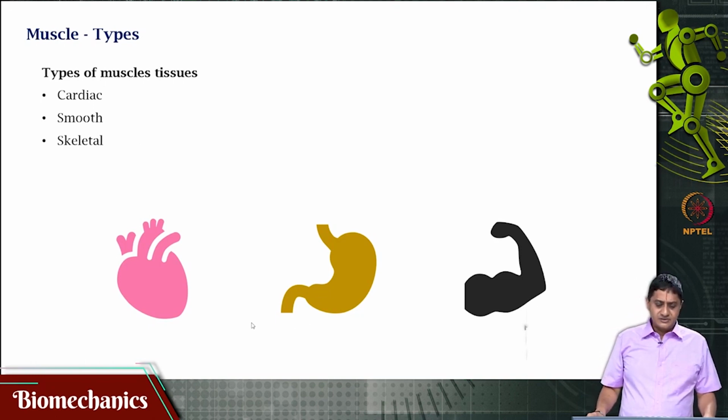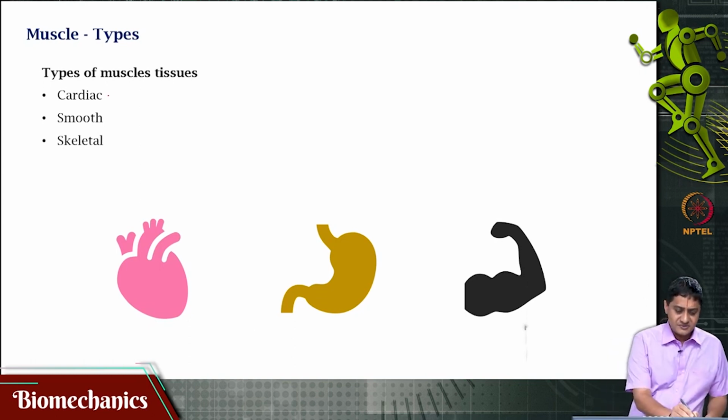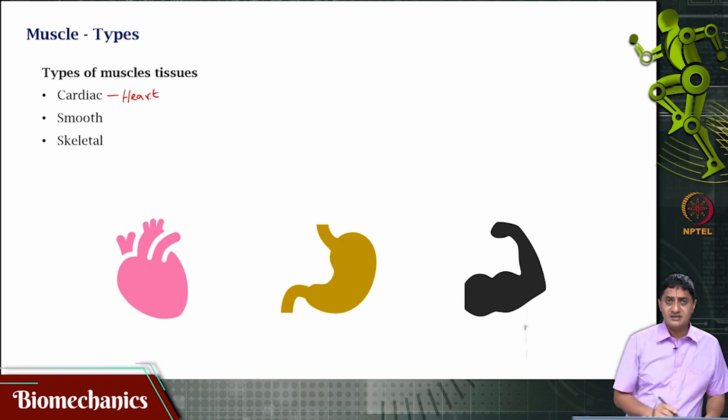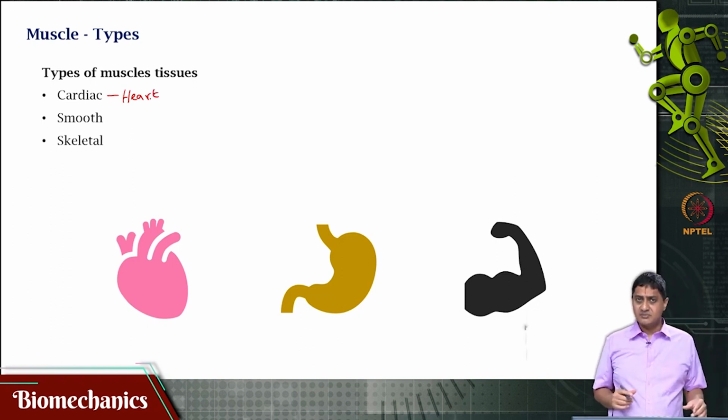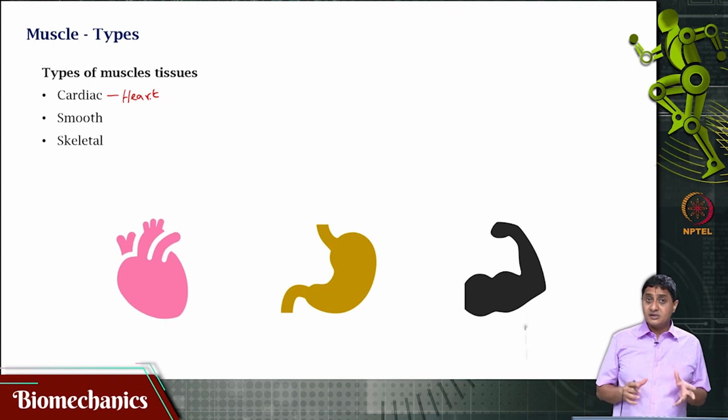Right. So, there are these three types of muscles: cardiac muscle, which is the heart muscle. How many muscles are there? There is a single muscle, that is the heart muscle. The heart is not composed of cardiac muscles. The heart is a single muscle, and that is called cardiac muscle. The whole heart is made of one muscle.